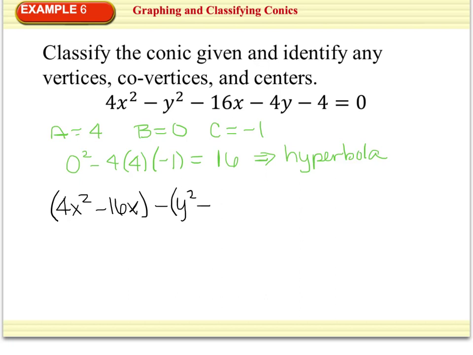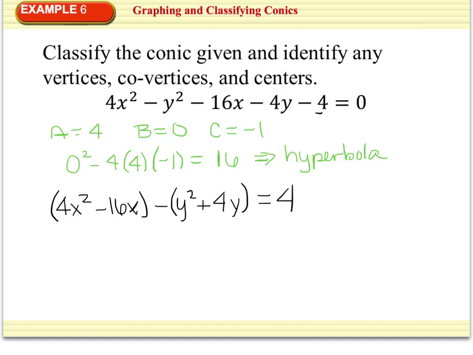Now I know I have a minus 4, but I need to factor out this negative, so that minus 4 is really going to become a plus 4y inside. And then I'm going to set that equal to, and I'm going to move this negative 4 over to give me a positive 4.